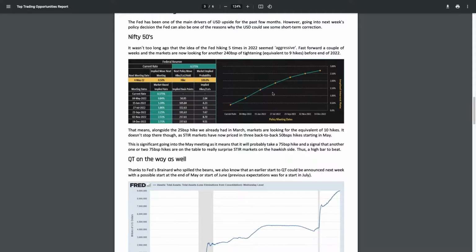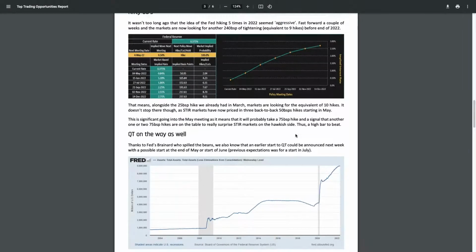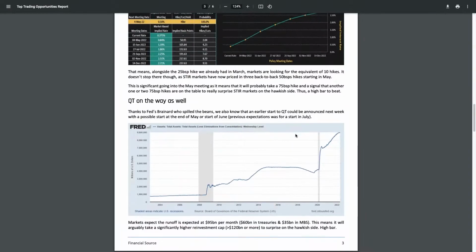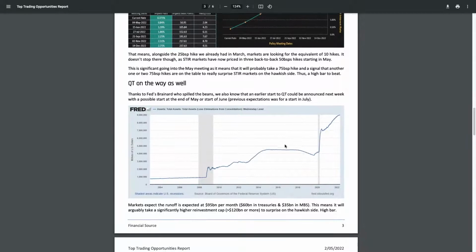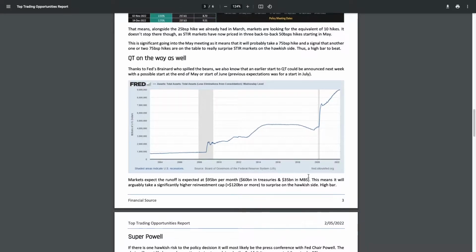So that means, how does the Federal Reserve get more hawkish than these expectations? That's what they have to do to send the dollar moving even higher. Now, what's expected in terms of quantitative tightening is the runoff is expected to be 95 billion per month, 60 billion in treasuries and 35 billion in mortgage-backed securities.